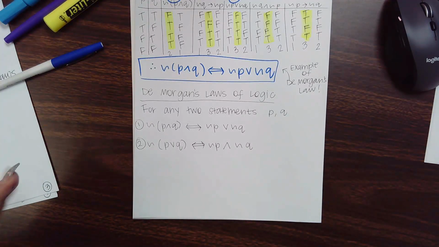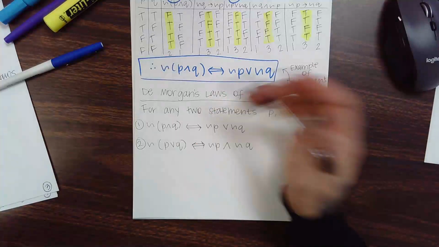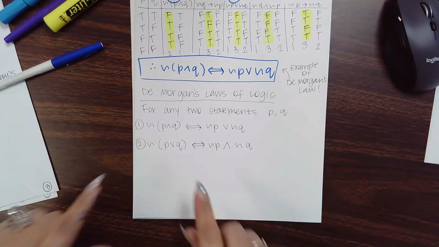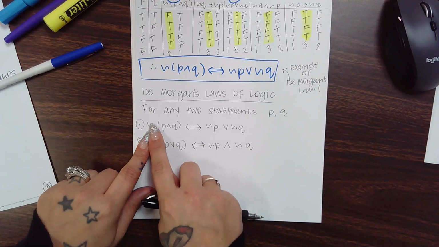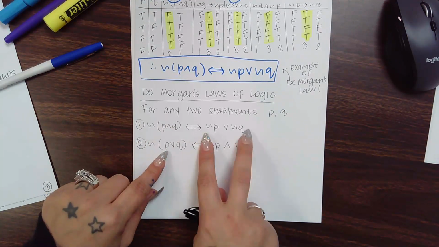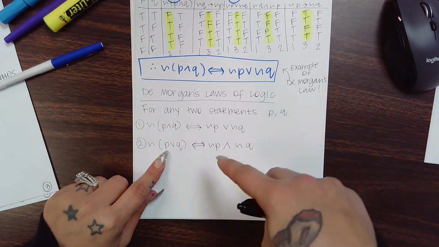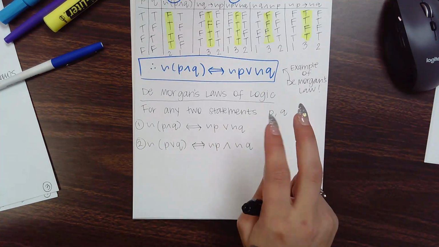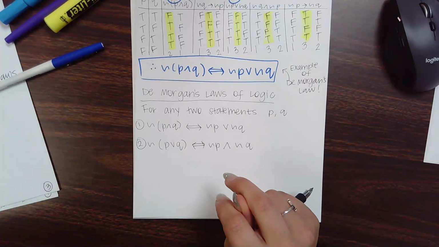Mathematically speaking, if there is an operation, you can't distribute, but just talking about the way that it looks, it does look like this negation was given to both of these statements. If it was a disjunction, it became a conjunction. If it was a conjunction, it became a disjunction.